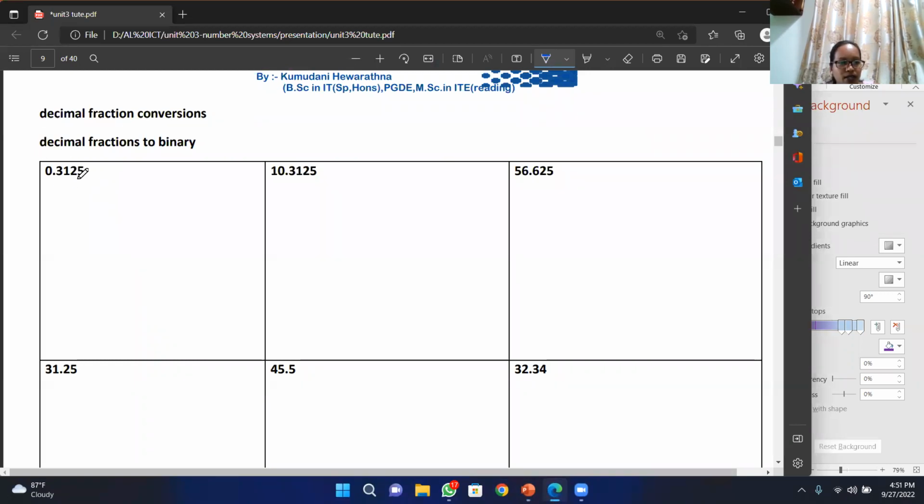The first one, 0.3125. Just only a fraction part is there, no whole number part. So just try to do this one. No whole number part means you can put the whole number part as 0 and the rest, the fraction part only you have to do.